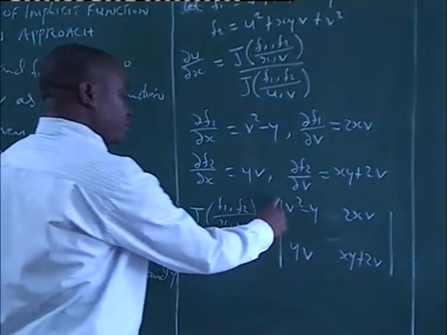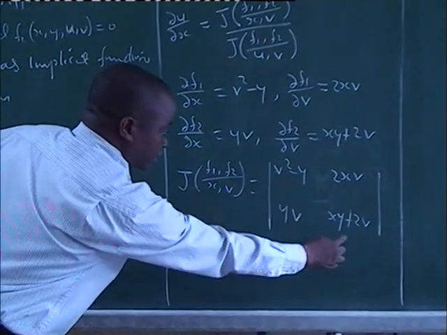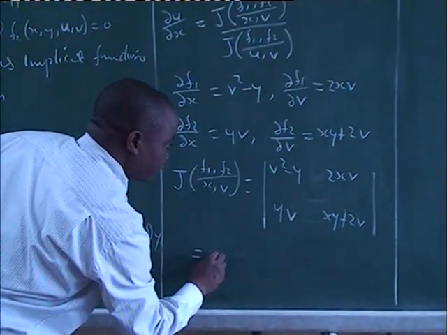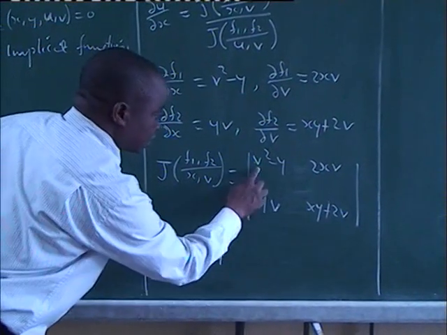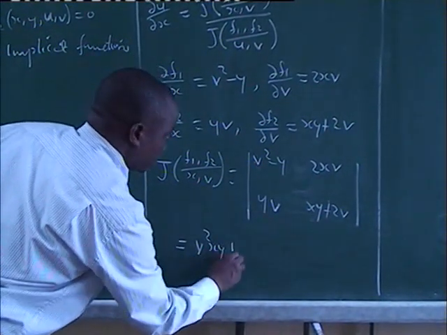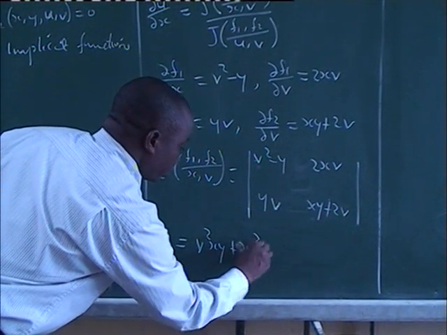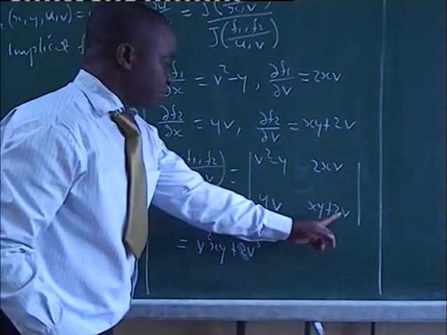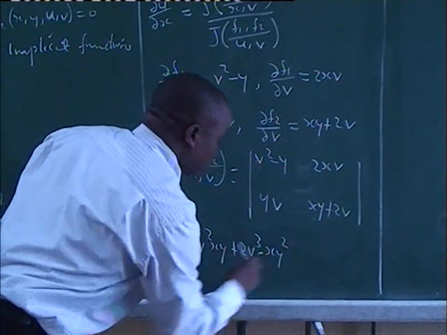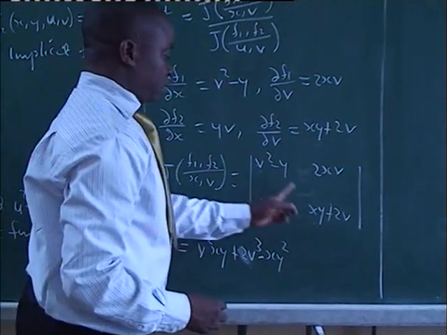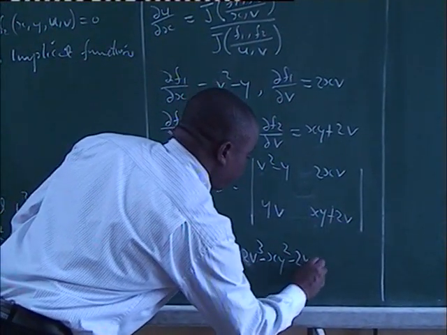So now we'll take determinants, and this times this will have v squared xy, plus 2v cubed, minus xy squared, then this times this will give us minus 2yv.